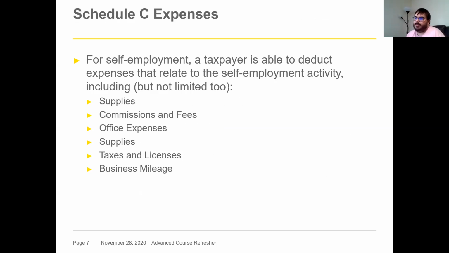For business mileage, you have to keep accurate records because the IRS will ask for that. We usually advise people to take the mileage instead of actual costs, because actual costs are much harder to prove, and the IRS will look more closely at them as opposed to business mileage. Let's see, which I'm talking about next.